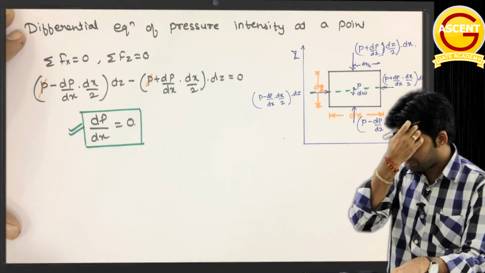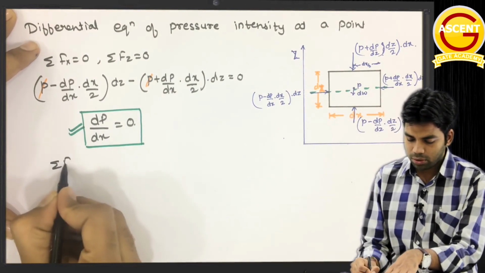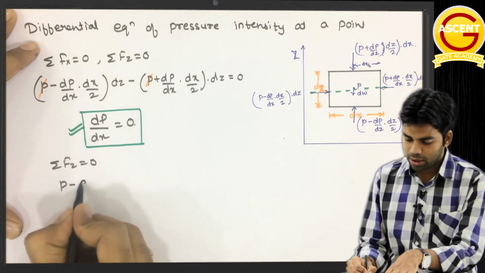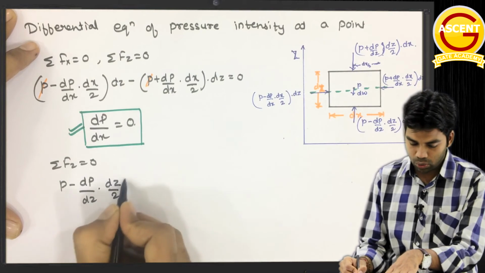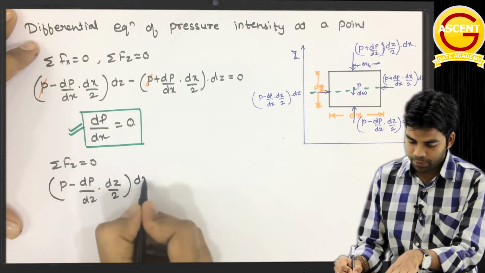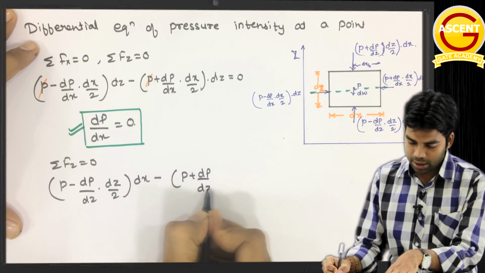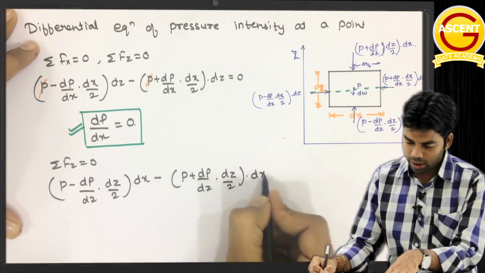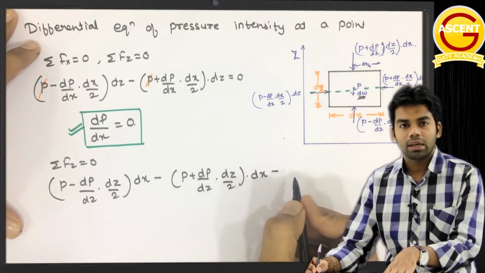Let us consider this. Okay, so now here we have summation of Fz equal to 0. So here, the upward force is P minus dp by dz into dz by 2 into dx, minus P plus dp by dz into dz by 2 into dx. Okay, now the downward force is the weight, minus dW.